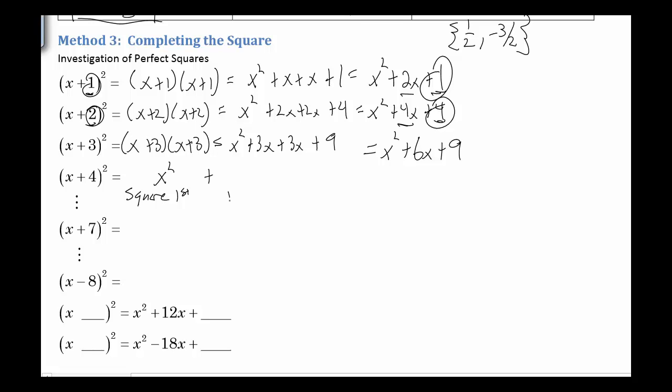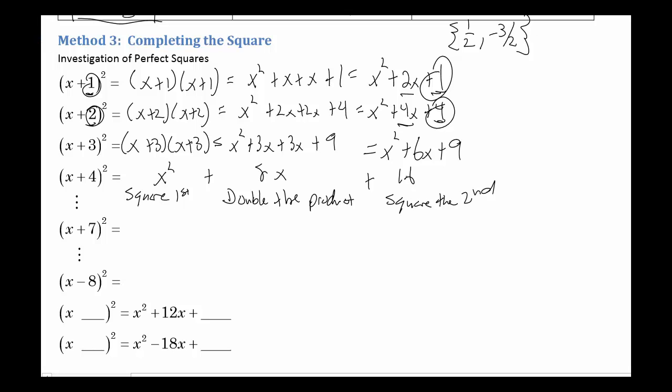Then I want to double the product. So 4 doubled is 8x. And then I want to square the second term. So if I square the second, I get 16. So x squared plus 8x plus 16.